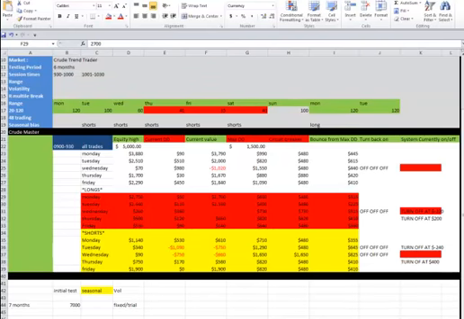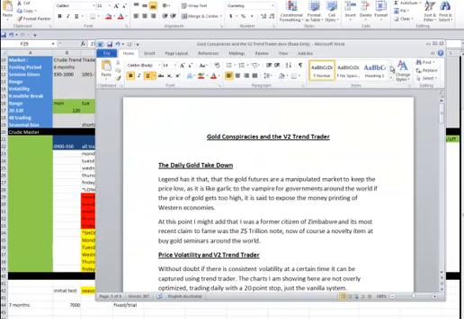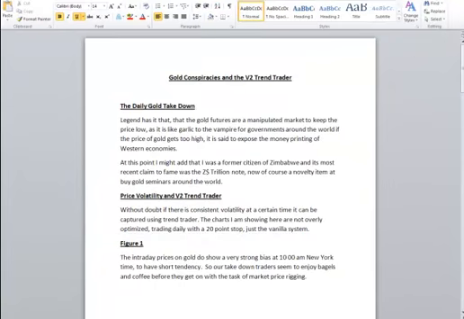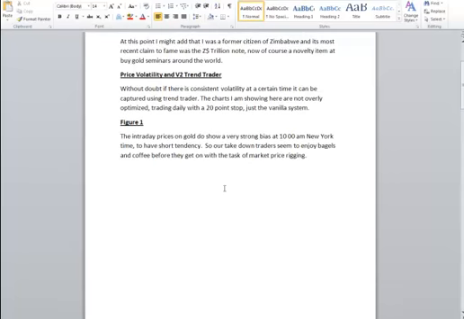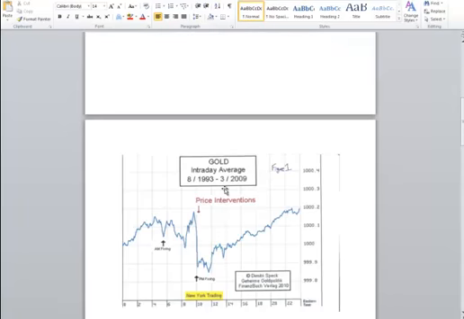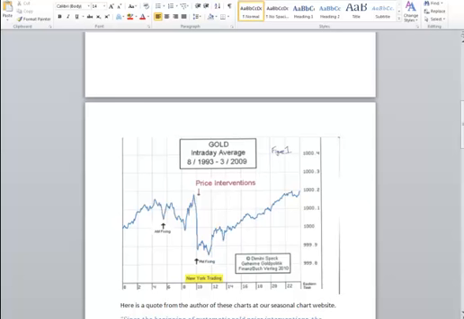But what Jim has done is he's gone into the seasonal charts, and he's had a look at basically the impact of gold during the day. So what he's decided is that, if I'm going to be looking at potentially trading gold, I want to get a little bit more information on gold.